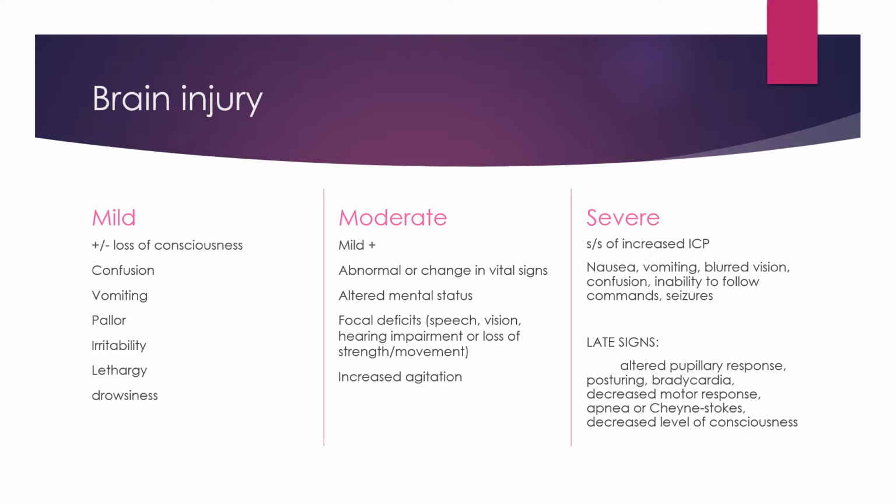And in your book, they describe the two types of dysfunctional posturing. So flexion is severe dysfunction of the cerebral cortex, and that's when the arms, wrists, elbows, fingers, all of your upper body extremities are flexed and bent inward towards the chest and legs. And then your feet are also rotated internally.